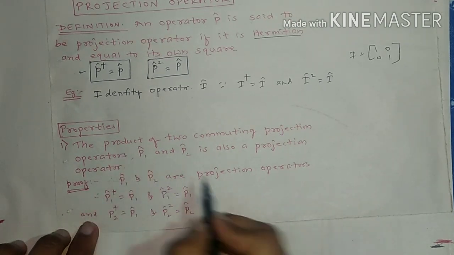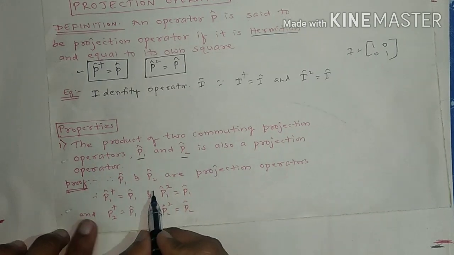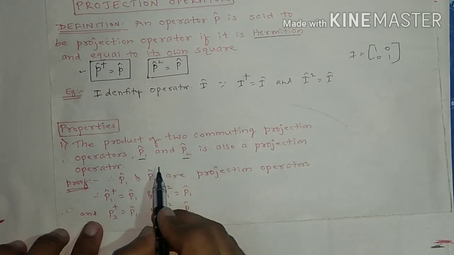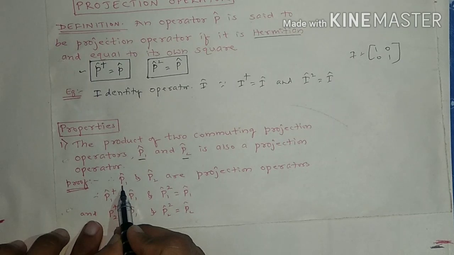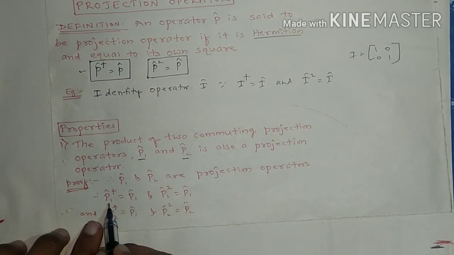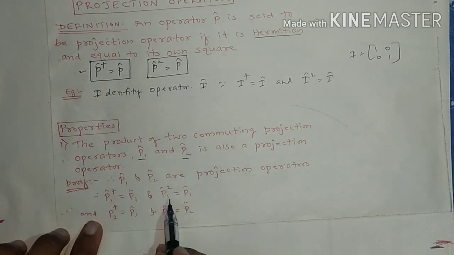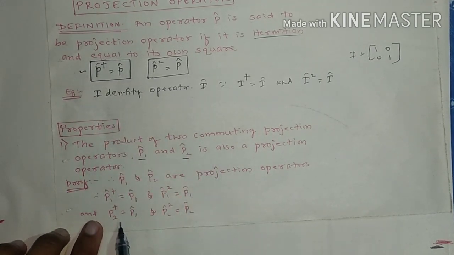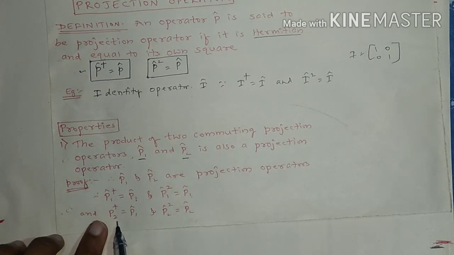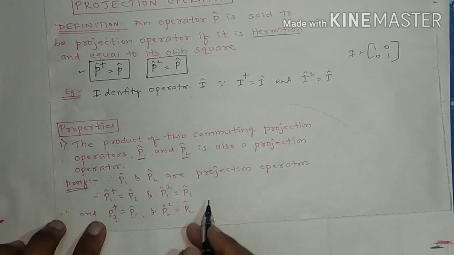Let us consider P1 and P2 such that both are projection operators. That means they follow these conditions: P1 dagger is equal to P1 and P1 square is equal to P1. P2 is also a projection operator, so it follows P2 dagger is equal to P2 and P2 square is equal to P2.